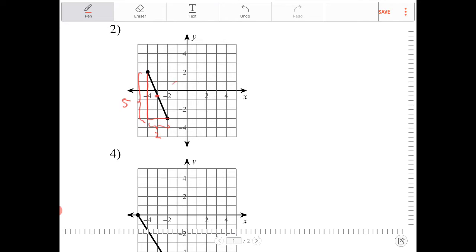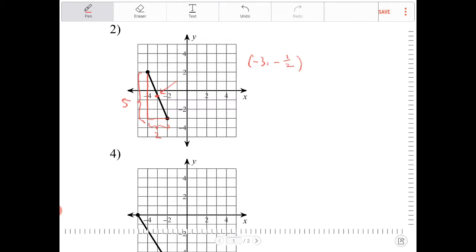This right here would be our midpoint. Visually, that should make sense. You are finding the average of the two coordinates. So I'm looking at coordinates -3, -1/2.